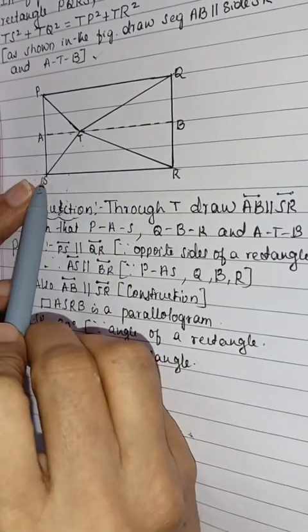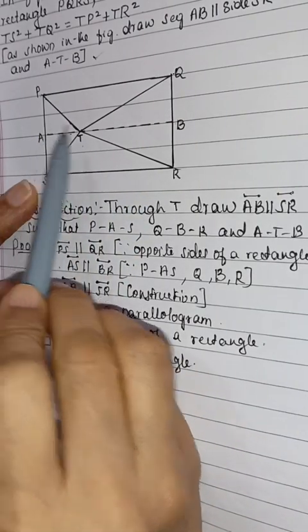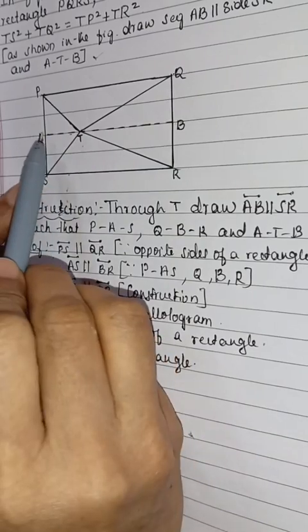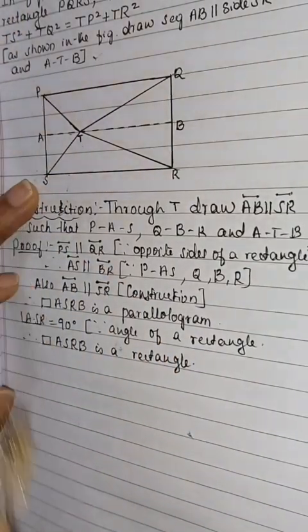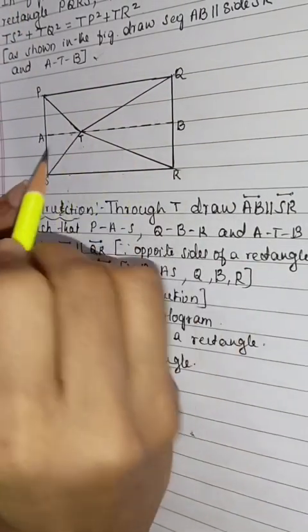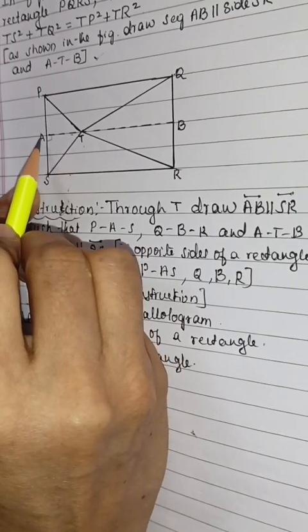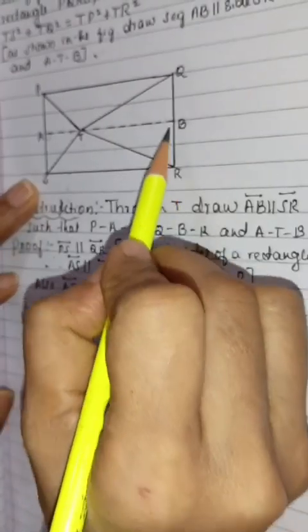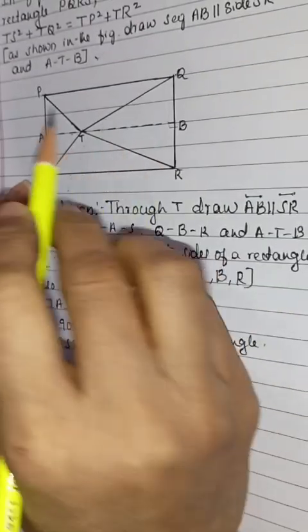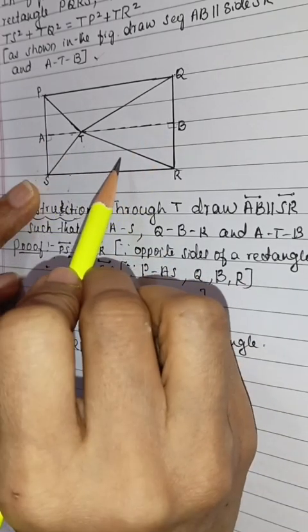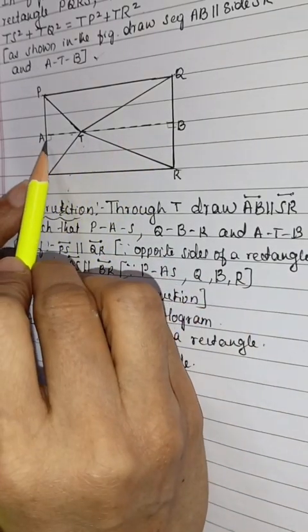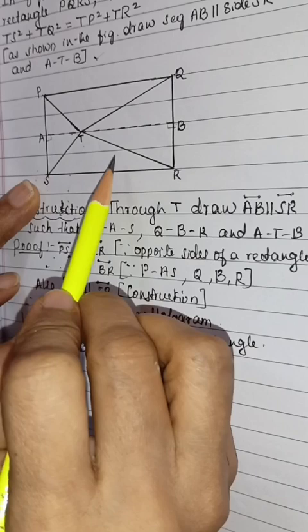Therefore, angle SAB and angle ABR are 90 degrees because they are right angles, the angles of a rectangle.